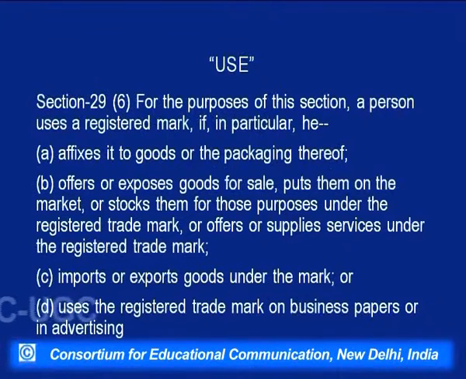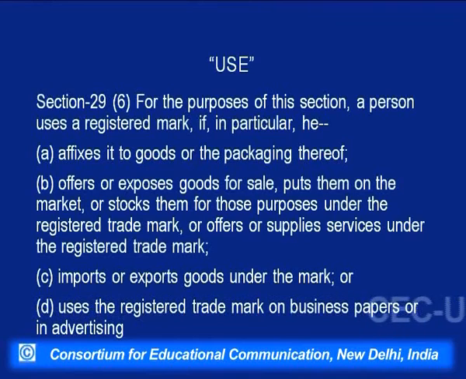Another important aspect as to why use is to be understood in a very meticulous manner: whenever anybody violates the right of one person, as per section 29, it is to be seen whether the wrongdoer has used the trademark of the legitimate owner unauthorizedly. In that case, use is to be seen.